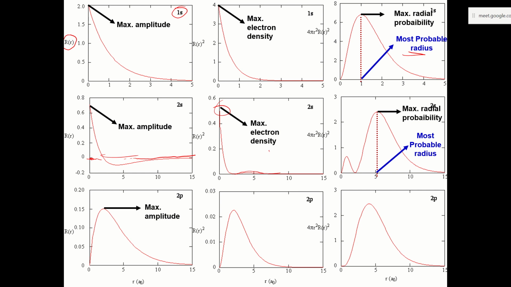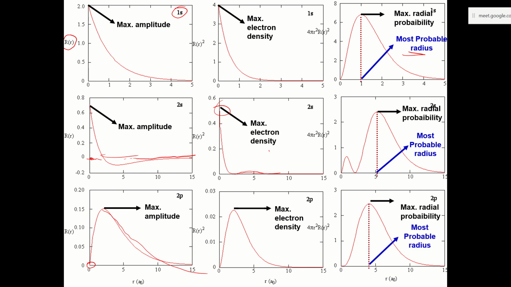2p. Again, this is the profile: a simple zero amplitude at the nucleus, then it rises to a maximum and then decreases. Okay, so the most probable radius here is like this: 2p, 2s, 2p.